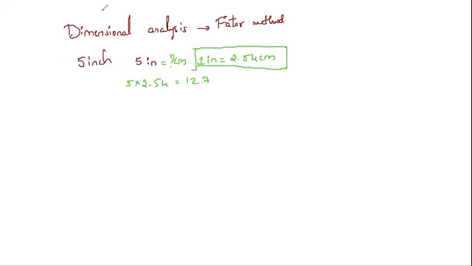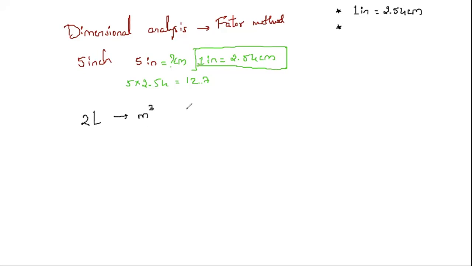So one conversion factor I have got. What is that first conversion factor? Converting inch into centimeter. 1 inch, IN stands for inch, is 2.54 centimeters. This is the first conversion factor. Moving to the next conversion factor, for example, you have liters. Say 2 liters of milk. You want to convert it into the SI unit, cubic meters.